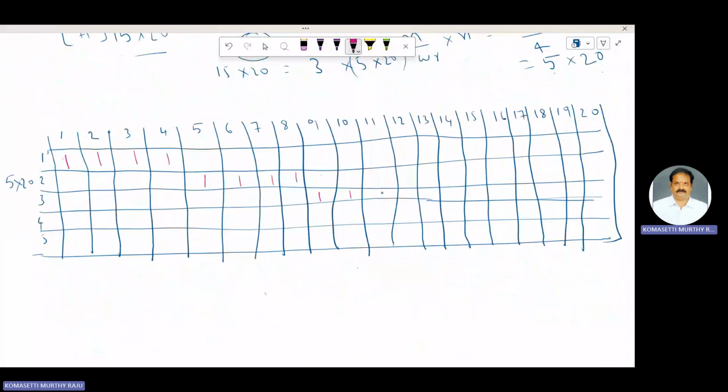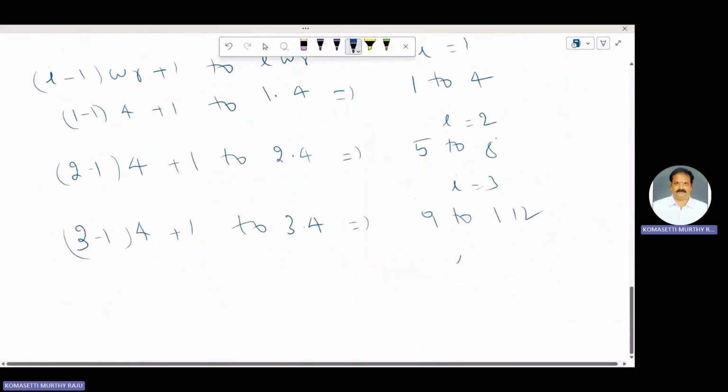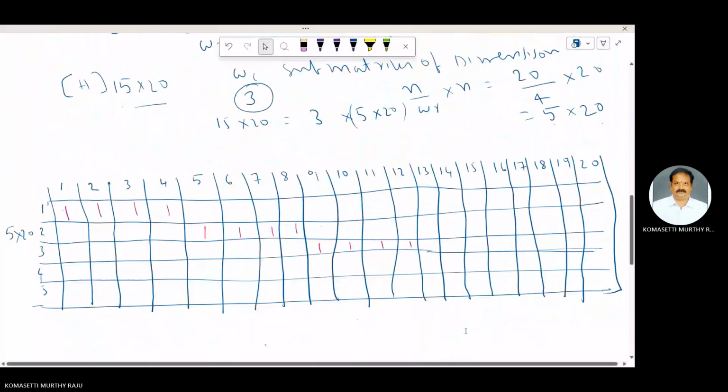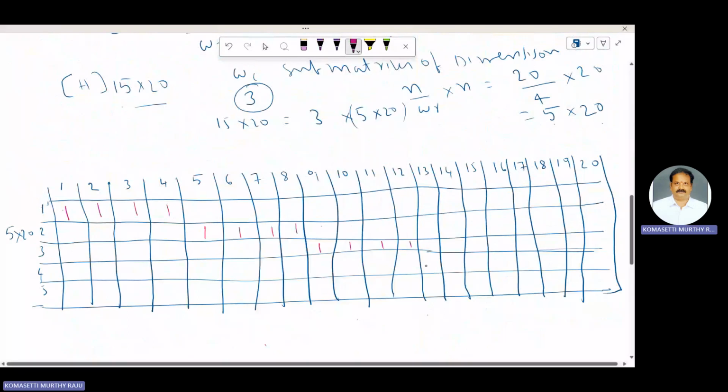That means 1, 1, 1, 1. Next, for the fourth row, I is equal to 4: 4 minus 1 into 4 plus 1 to 4 into 4. 4 minus 1 is 3, 12 plus 1, 13 to 16. Columns 13, 14, 15, 16 are ones for the fourth row.